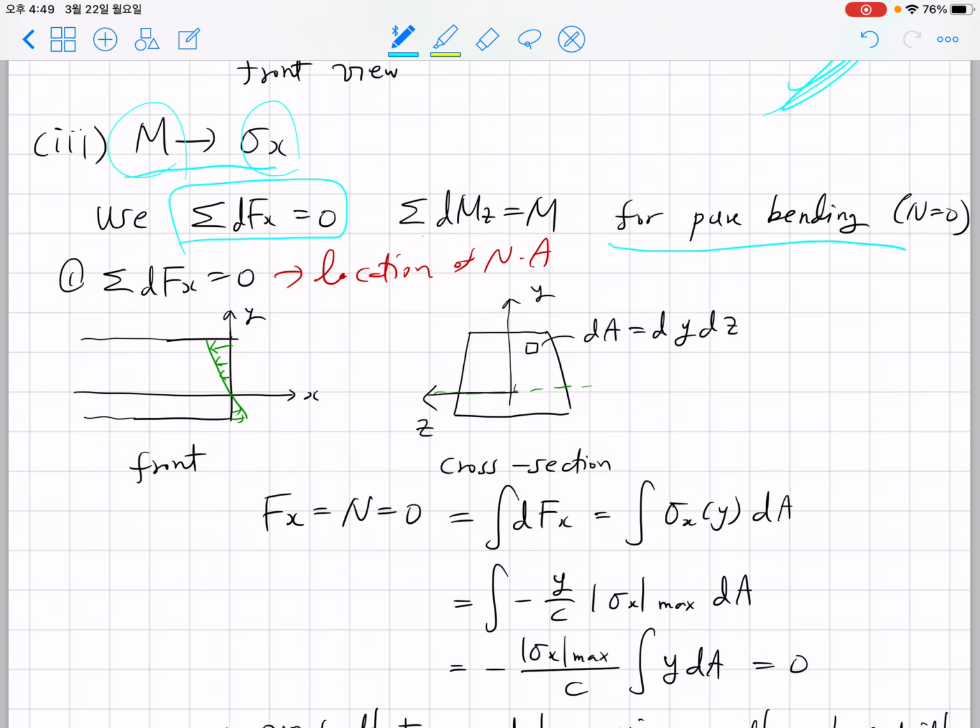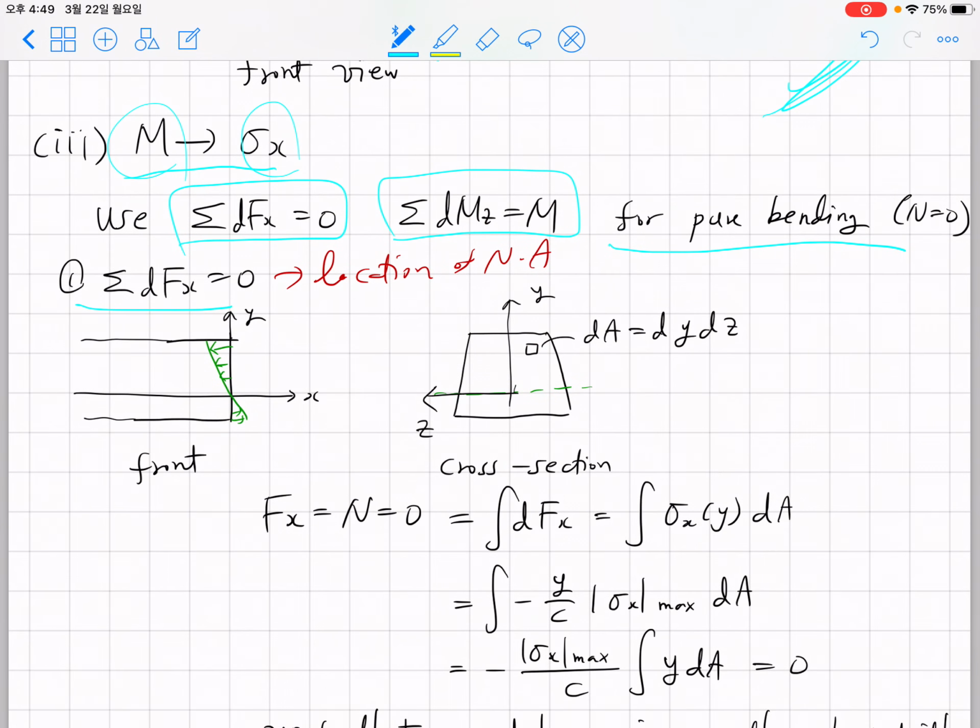And if we consider the summation of all infinitesimal moments, then it must sum up to be M, so that it satisfies the consistency between applied M and infinitesimal moment. Okay, so let's consider the first condition. From this first condition, we're going to have some result regarding the location of the neutral axis.